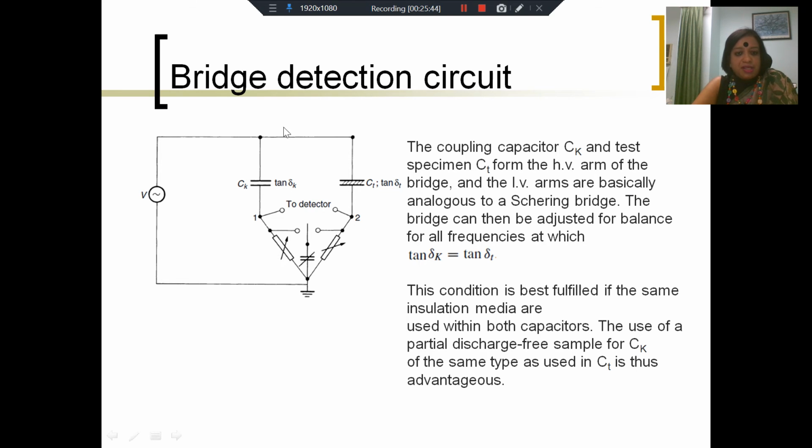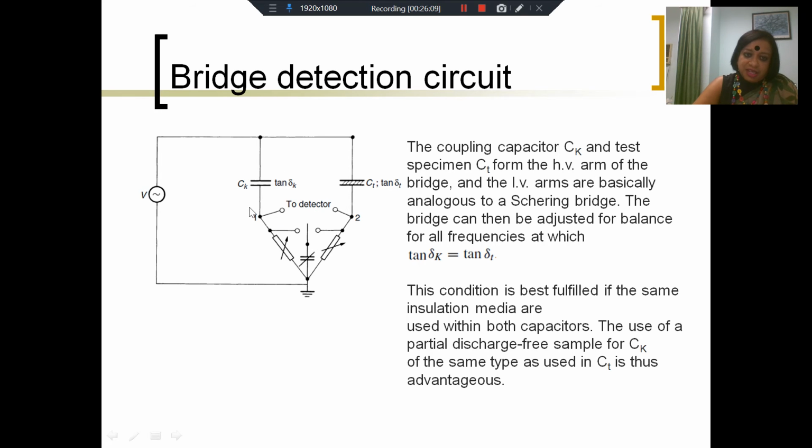Now what we do is we adjust the bridge for balance at whatever frequency we want, such that tan delta K is equal to tan delta T. When this condition is fulfilled, you will see null detection, and therefore your circuit is balanced. If there are some discharges here and there, some imbalances, they will be balanced out in the bridge circuit.